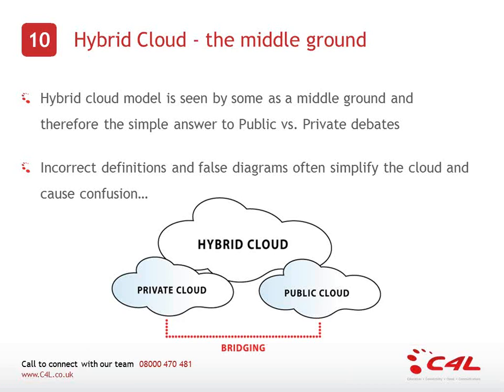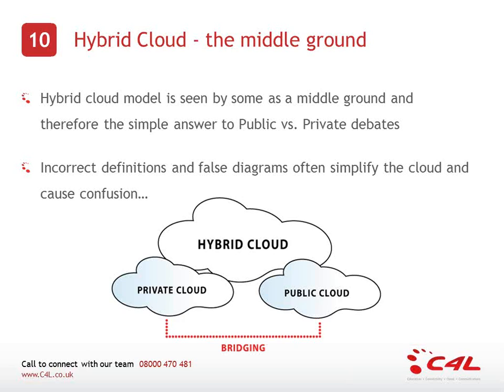It purely puts it as a middle ground between private and public cloud, and it is often pitched as a bridging option, implying that hybrid cloud is purely there to allow you to transition from private into public cloud. Not necessarily entirely true, as some organisations may actually look specifically to have a hybrid cloud model and retain that as a long-term solution, not just a short interim bridging solution.